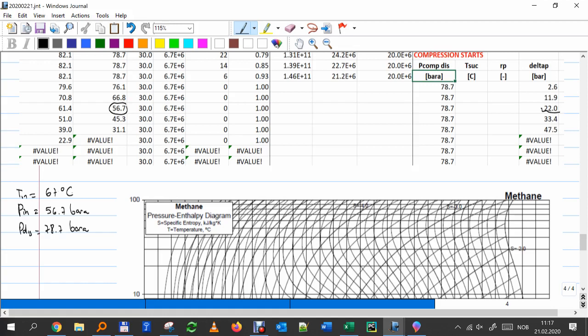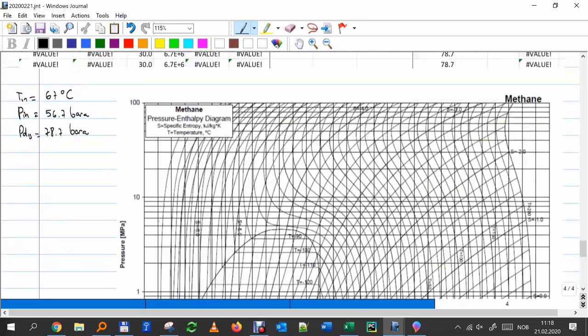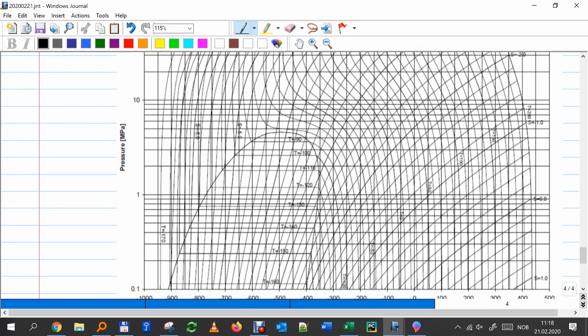So how do I calculate T out of a compressor? You remember this from some guy talking about compressors in your young years. Let's do one thing.